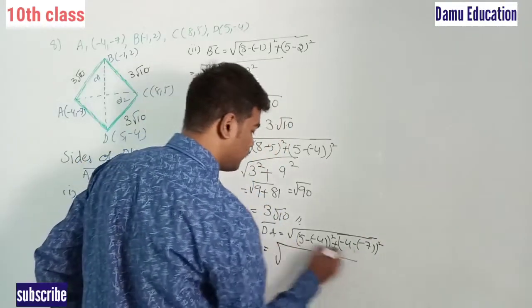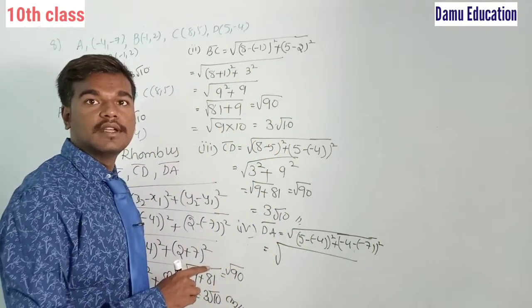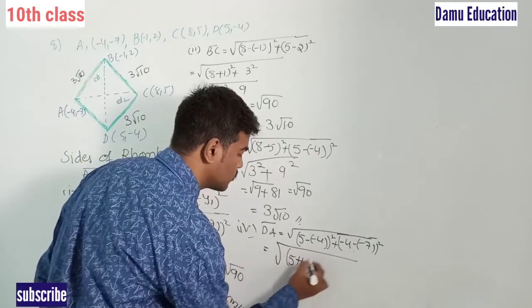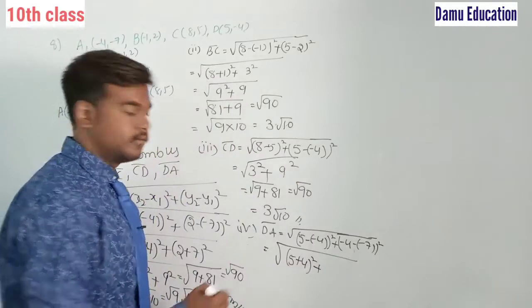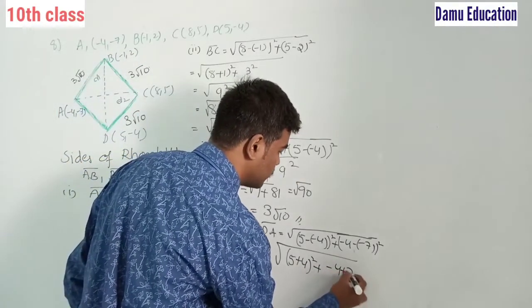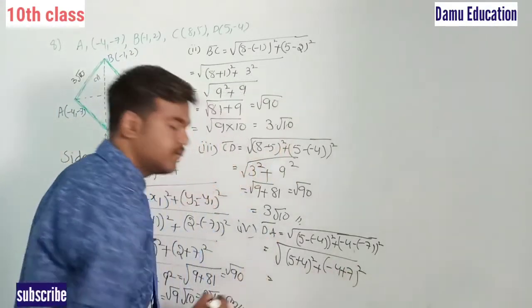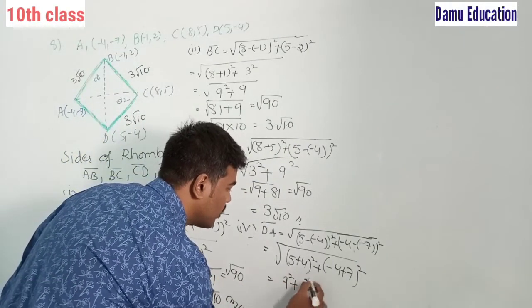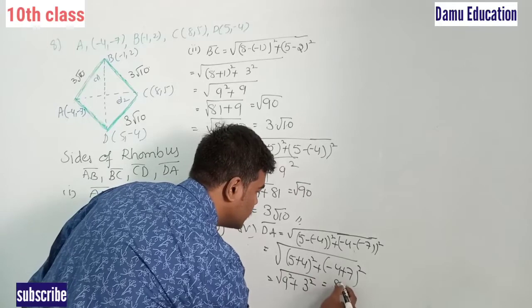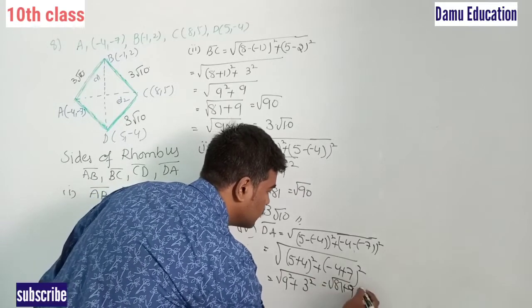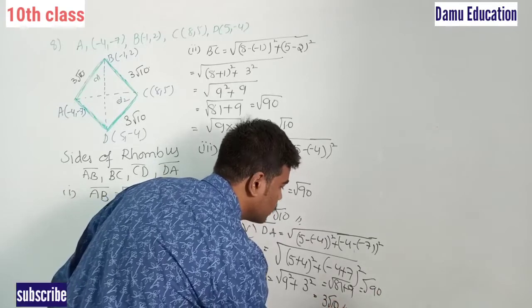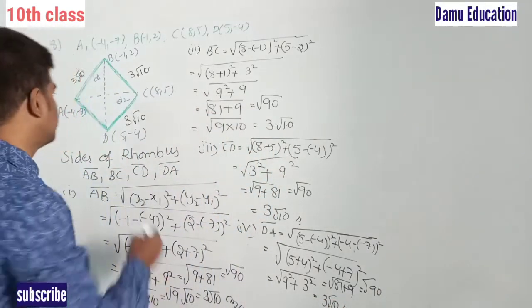So 5 plus 4 is 9 square, plus minus 4 plus 7 is 3 square. So 81 plus 9 is square root of 90, that is 3 root 10.